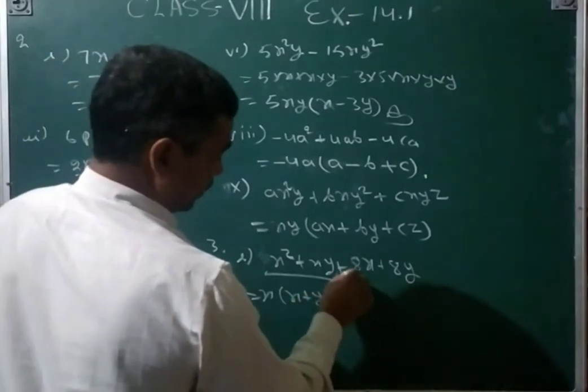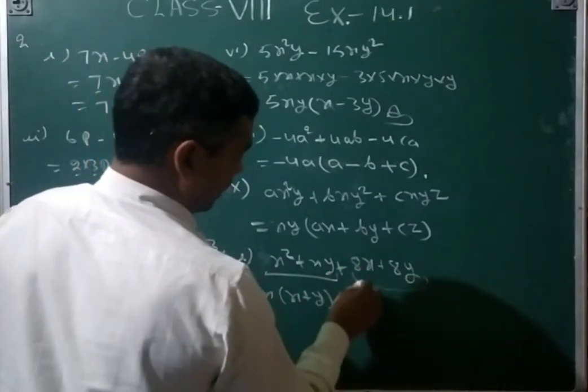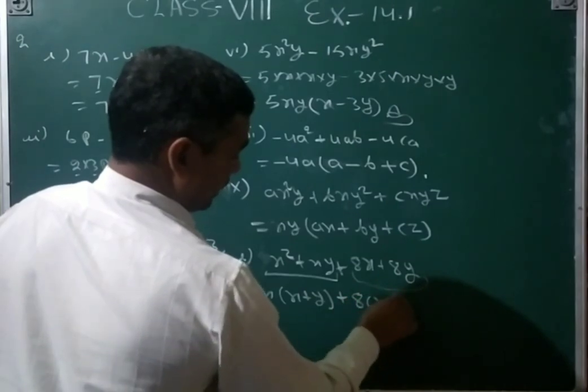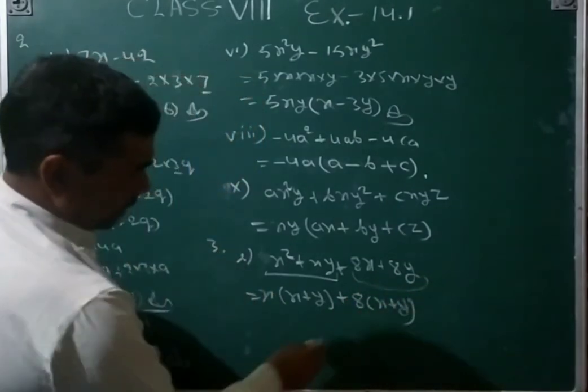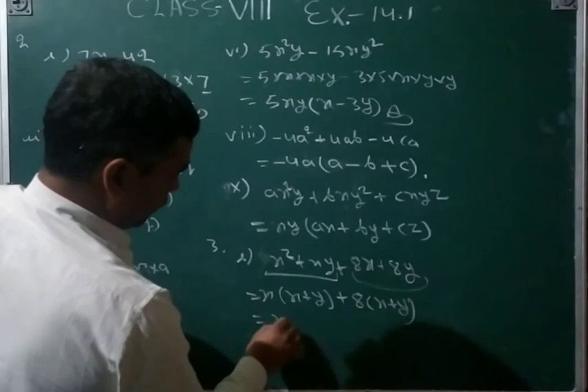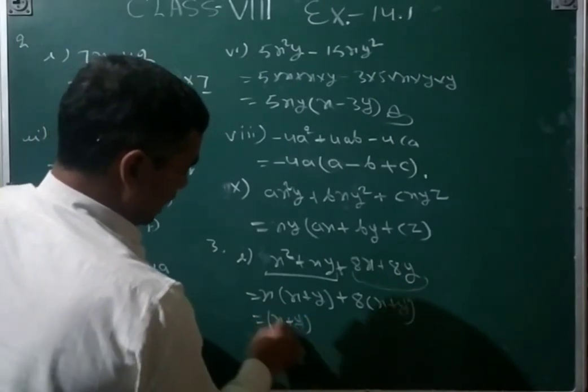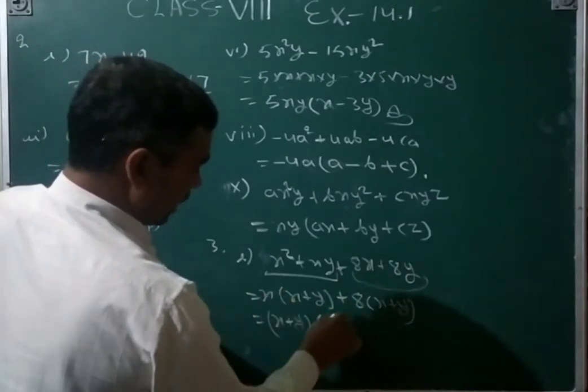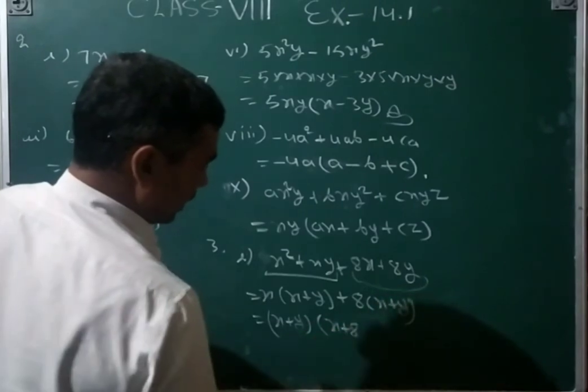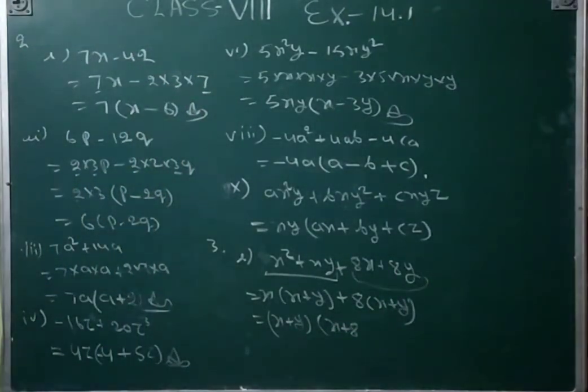And in these two, 8 is common, so x plus y. Again you are looking these two brackets are the same, so x plus y, and left outside x plus 8. This is the answer.